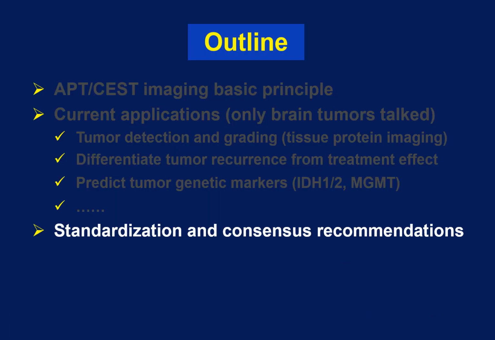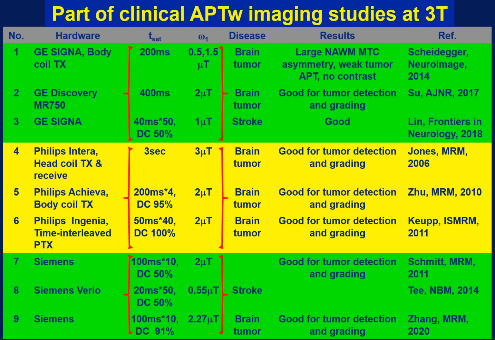Finally, I will mention something about APT MRI standardization and consensus recommendation. Currently, people can do APT MRI on different MRI scanners: GE, Philips, and Siemens. The problem is people use different MRI sequences, saturation, and power.